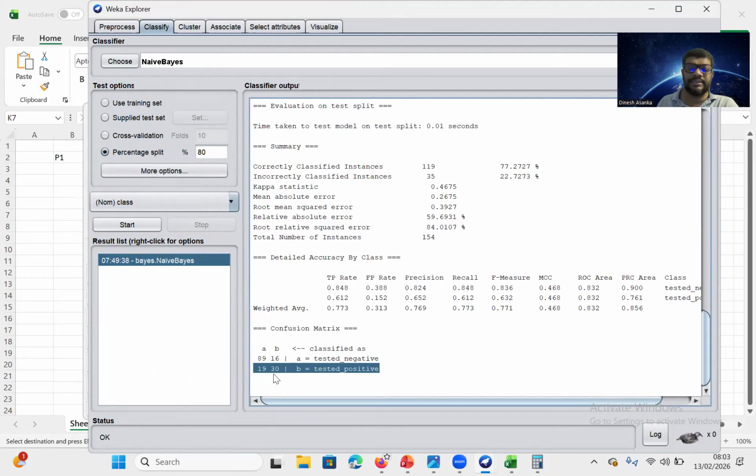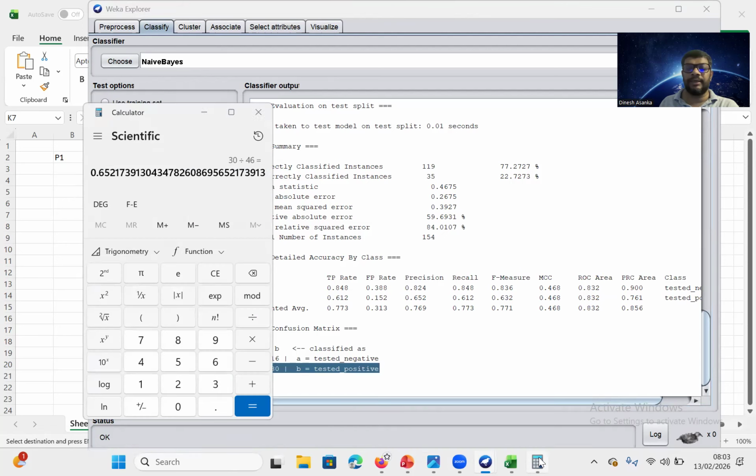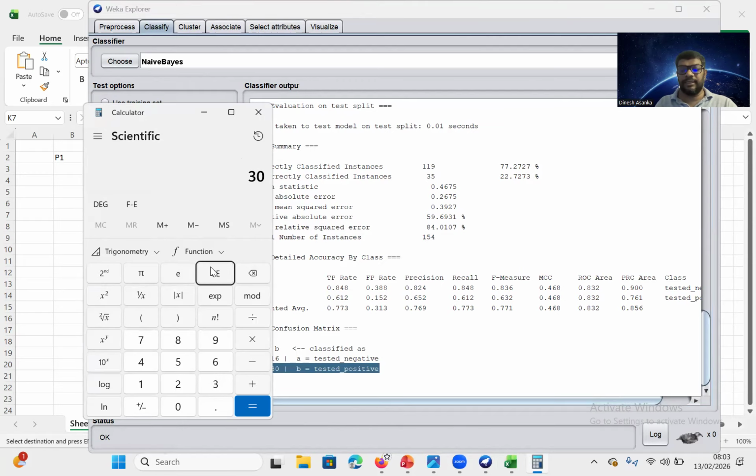We have 49 cases and we have predicted 30 of them correctly. So let me go back to the calculator. We have 30 out of 49, which is 61.2 or 0.612. So that is our recall value.